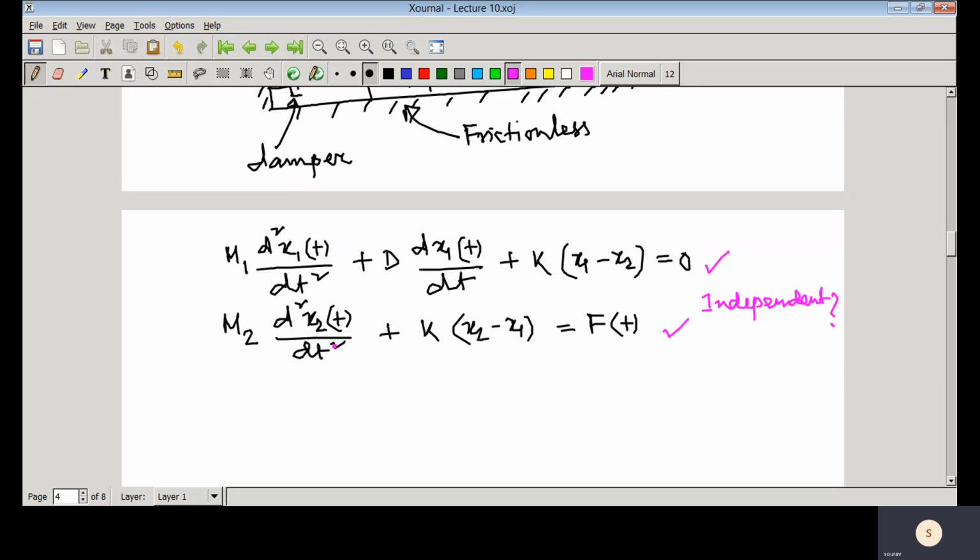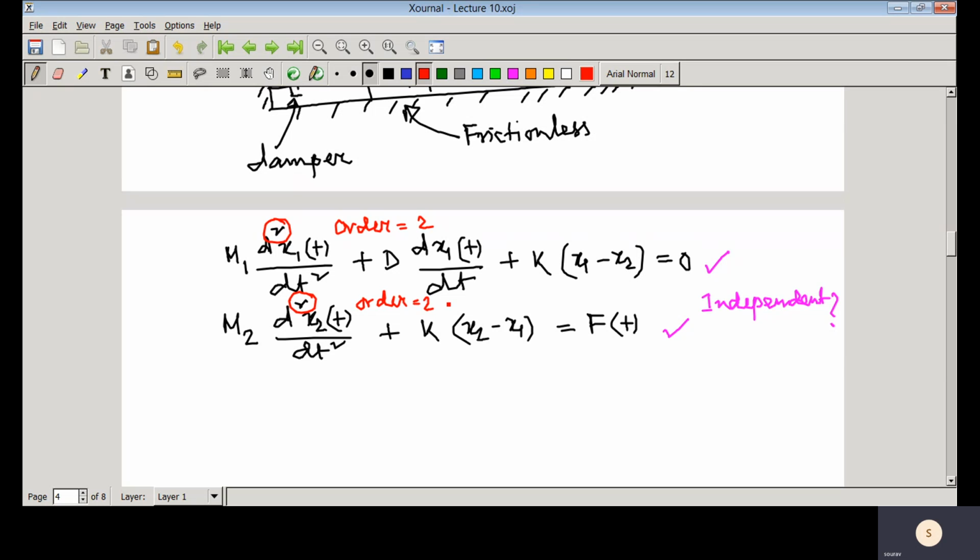Here they are linearly independent. And then you look at the order of each differential equation. This order is 2, and here this order is 2.